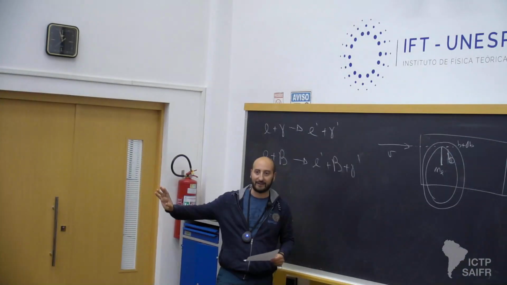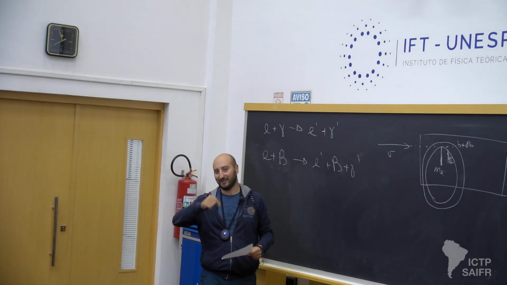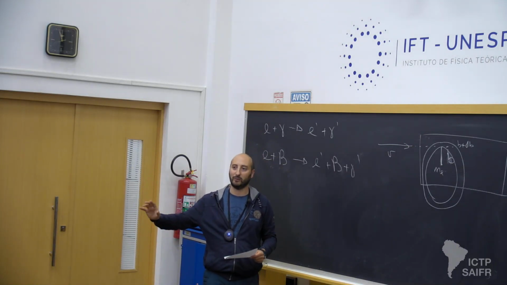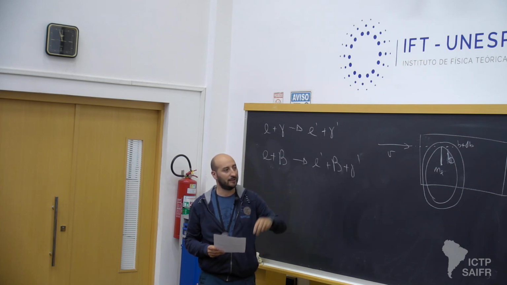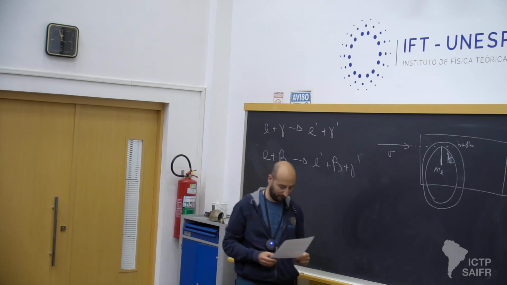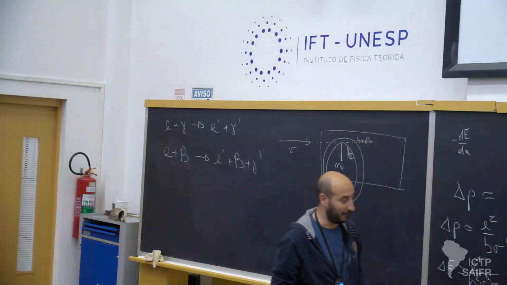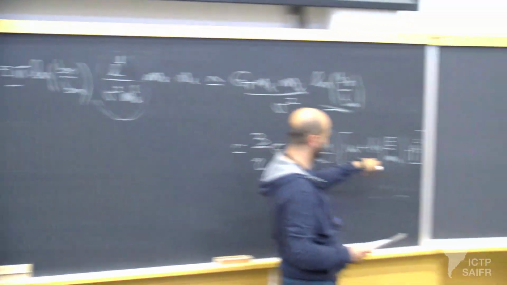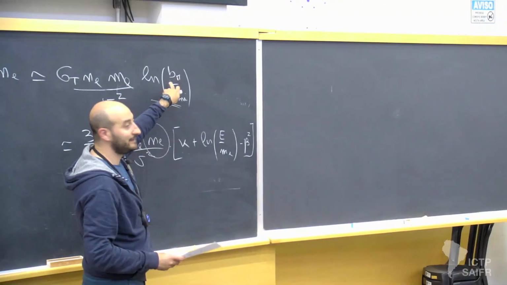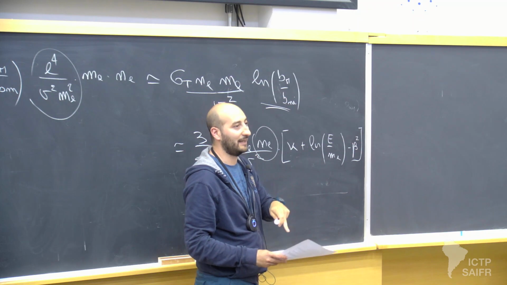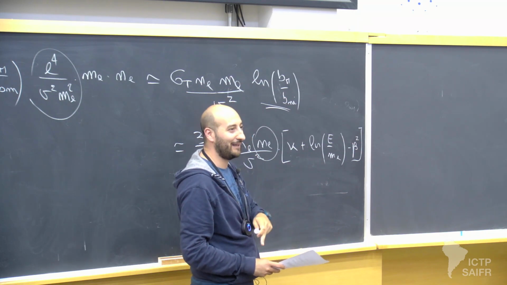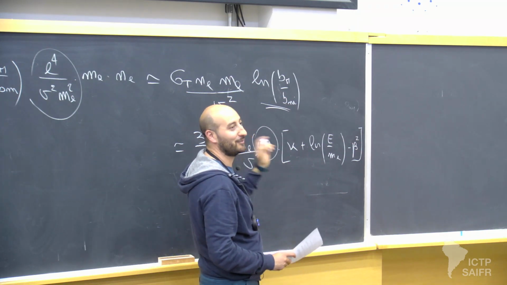There are other effects. For instance, at some point, radiation emission will start to matter. I will mention it in a second. But roughly speaking, you can use this formula for estimates. Of course, these constants here, or this hidden factor here, will depend on the state of the gas or the plasma or whatever else, the solid in which I'm going through.